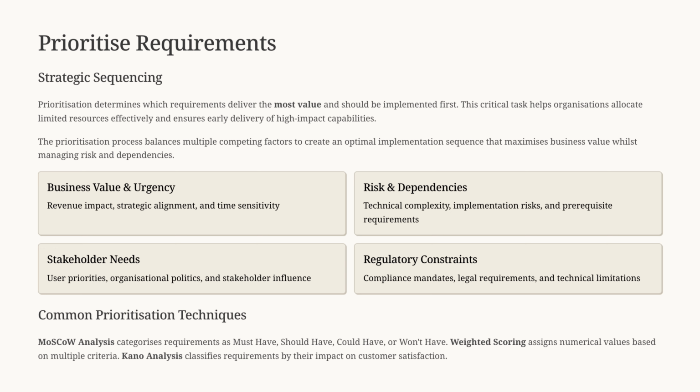We apply techniques like MoSCoW analysis, categorizing requirements as must-have, should-have, could-have, or won't-have, or weighted scoring, where we assign numerical values to rank importance. In real-world terms, think of prioritization like triage in a hospital. Address the most critical issues first to ensure the system stays healthy.